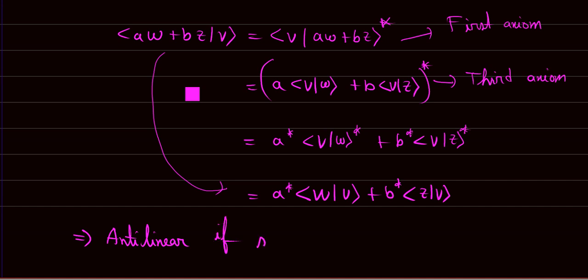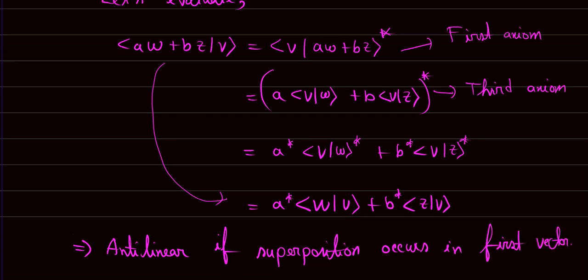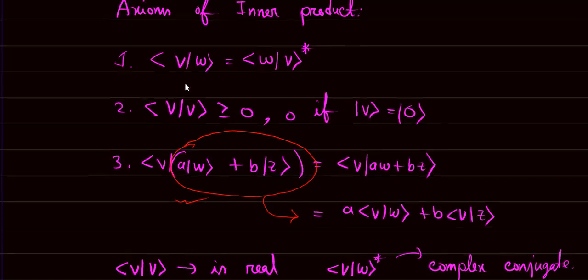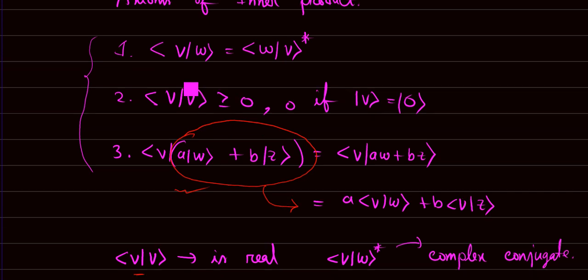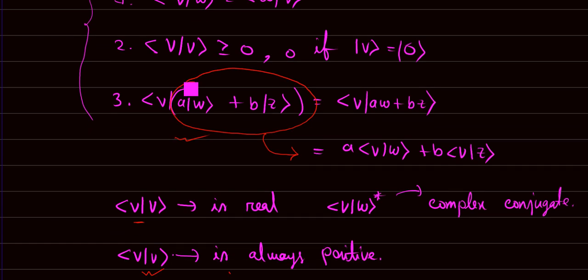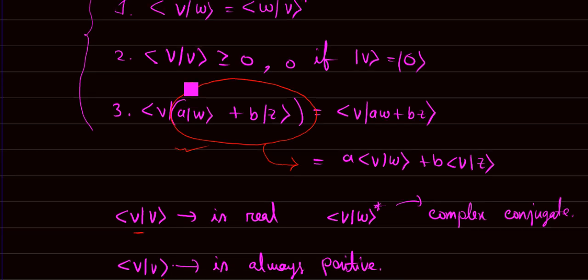if superposition occurs in the first vector. So these are the axioms of inner product. We are saying they will follow this rule. The first one will ensure that the inner product of V by itself will always give us a real number.